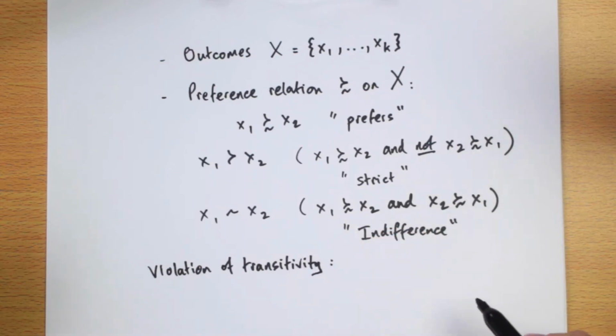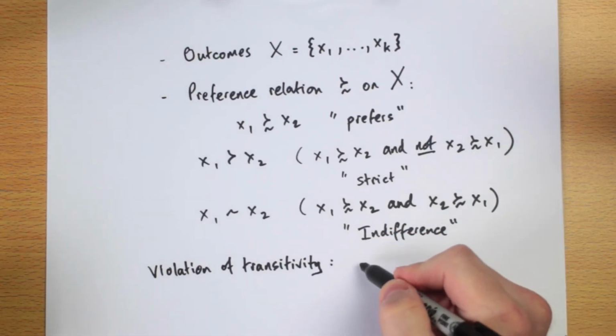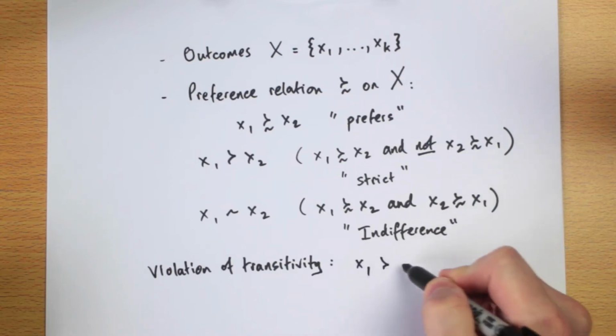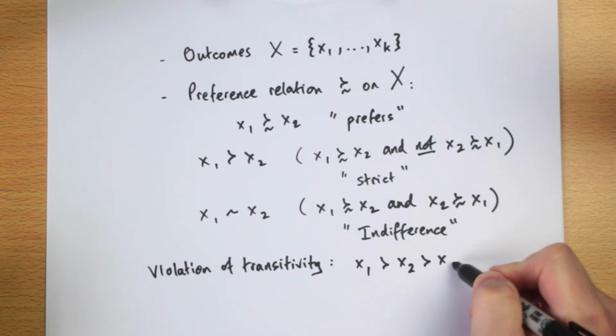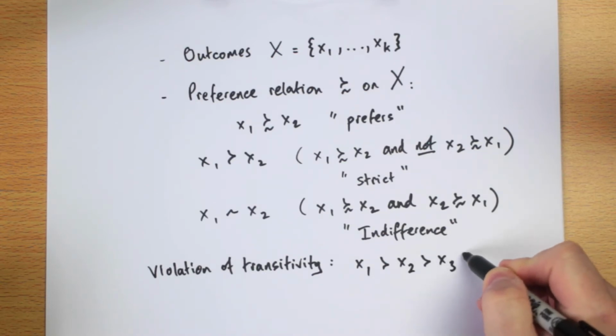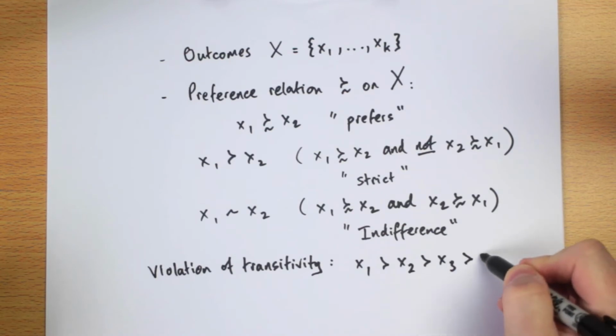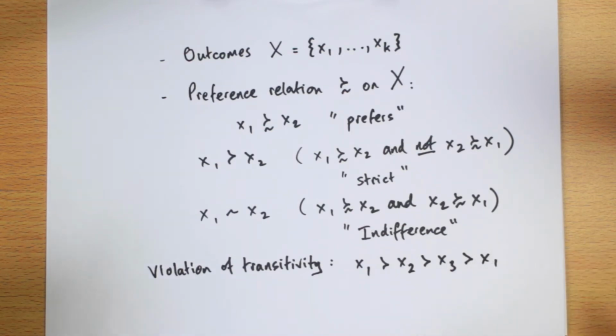What would that look like? A violation of transitivity could be something like this. Our decision maker strictly prefers x1 to x2. They strictly prefer x2 to x3. And they strictly prefer x3 to x1. Okay? So this would violate the axiom of transitivity.